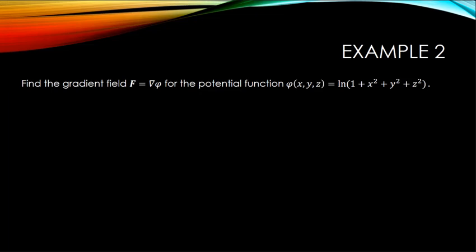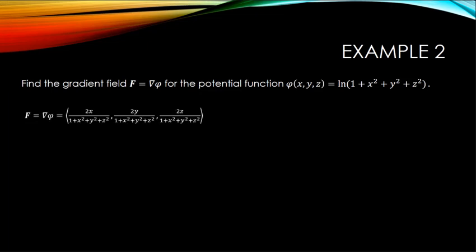Let's work another example. I want to find the gradient field F equal to del phi when my potential function phi of xyz is given by the natural log of the quantity 1 plus x squared plus y squared plus z squared. So the first thing I do is take the gradient of phi.